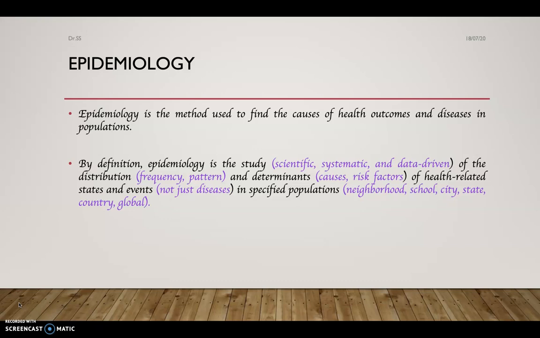Here I am talking about risk factors. Risk factors may be determinants, microbial infections, toxic infections, or non-contagious conditions. These can lead to the death of many people, as can natural calamities. These things are analyzed by the study called epidemiology.